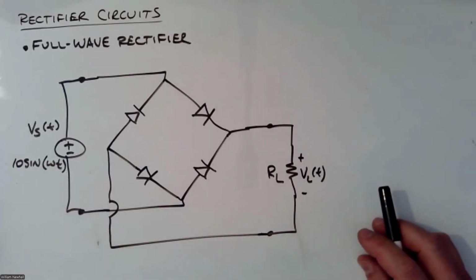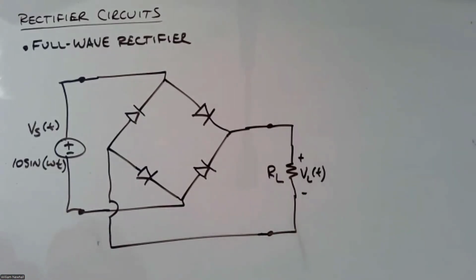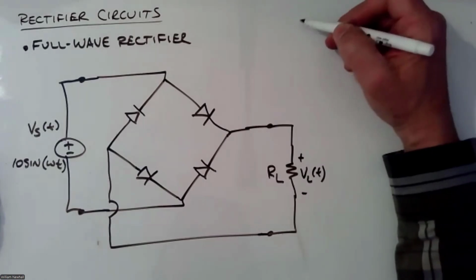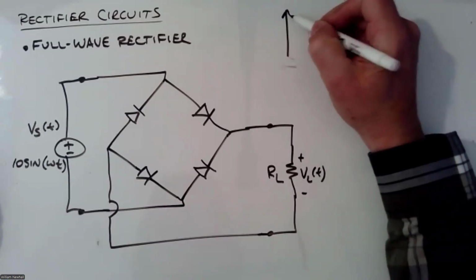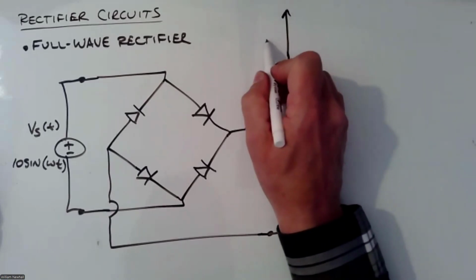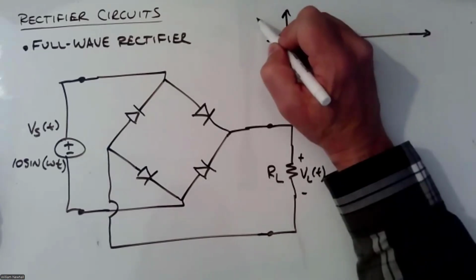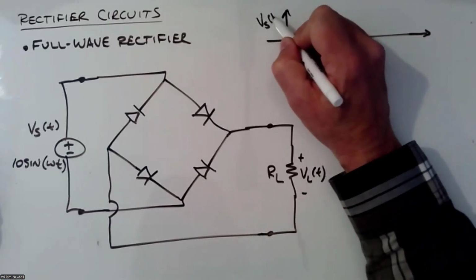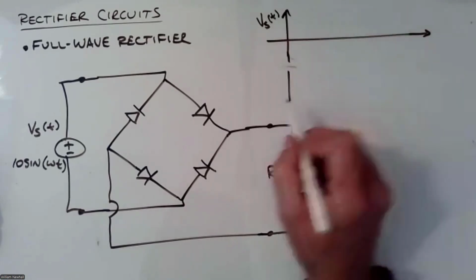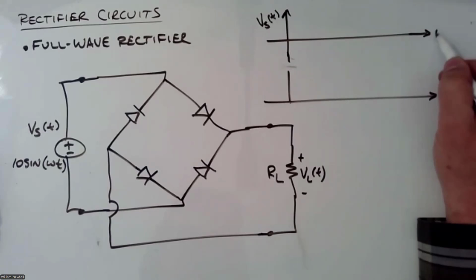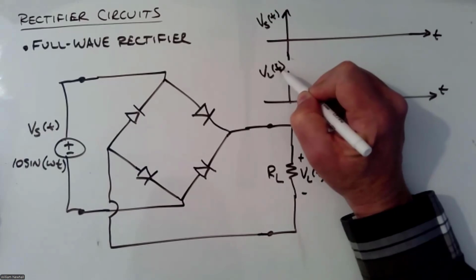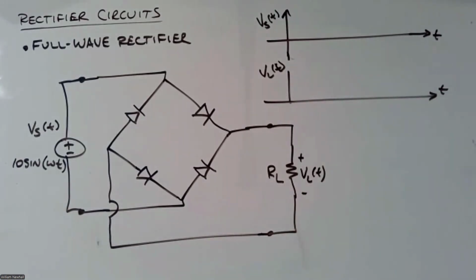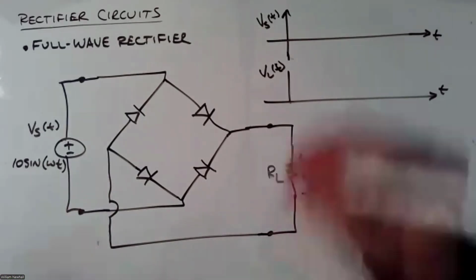All right, so let's talk about how this works. I'm going to draw this graph again of VS. Let's try to fit it up here. VS and VL. So this is VS of T. This is VL of T. And VS of T is going to look like a sine wave.